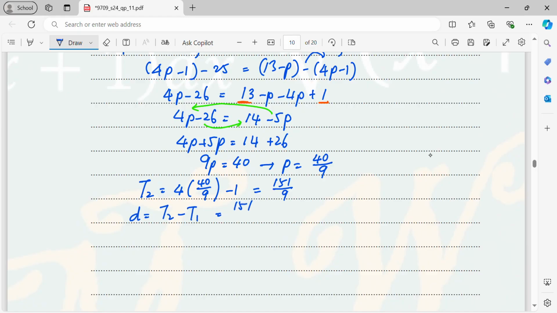That is 151 over 9 minus the first term. First term is 25. That means here you are getting negative 74 over 9. That is my common difference.